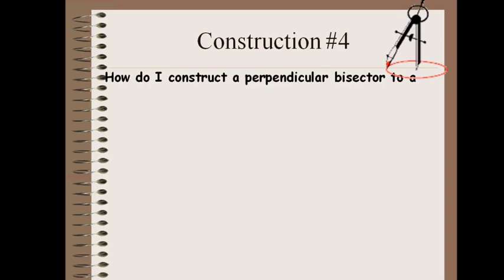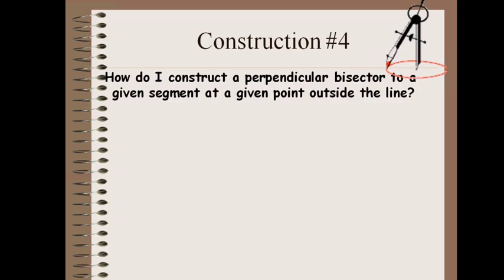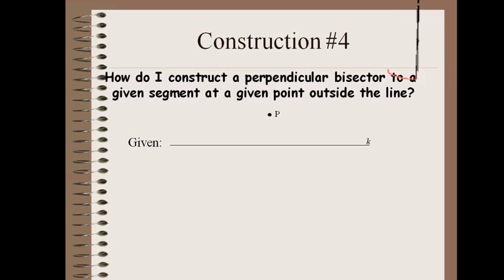Now, our next construction is to draw a perpendicular bisector to a segment at a given point outside the line. In previous construction, we had a line K and point C on the line. But in this construction, we have a line segment K where the point P lies outside the line.